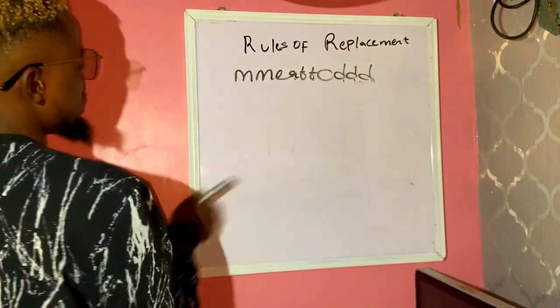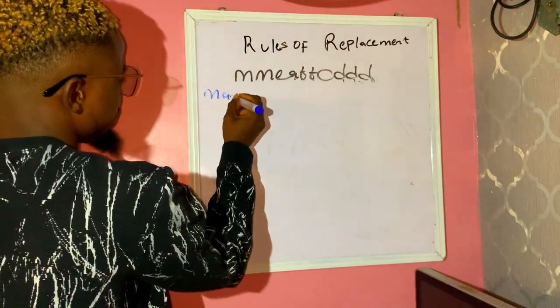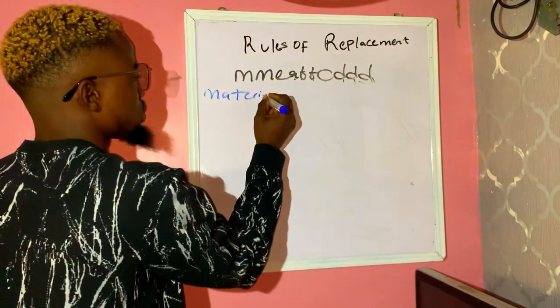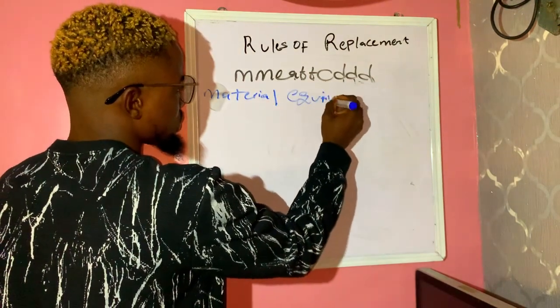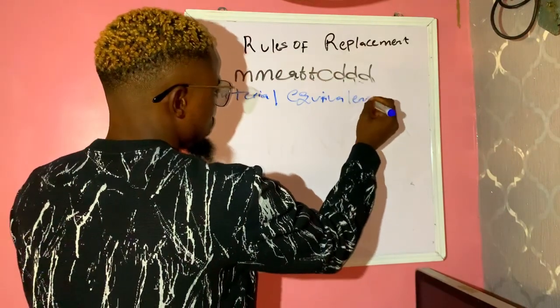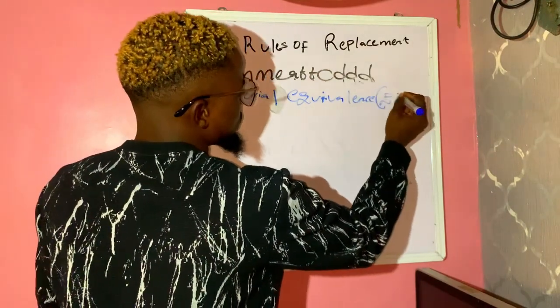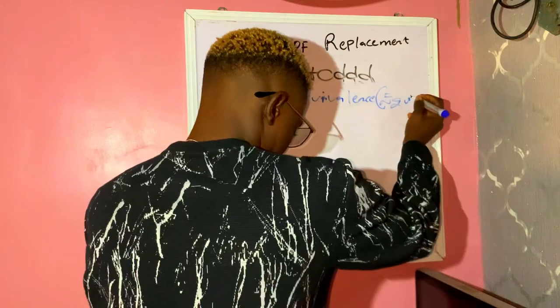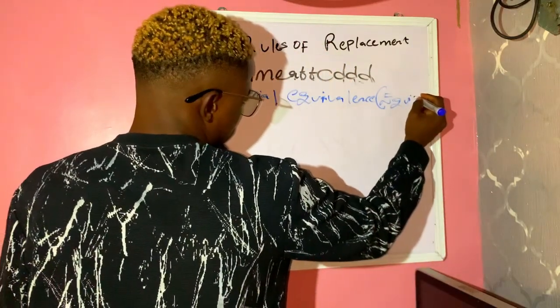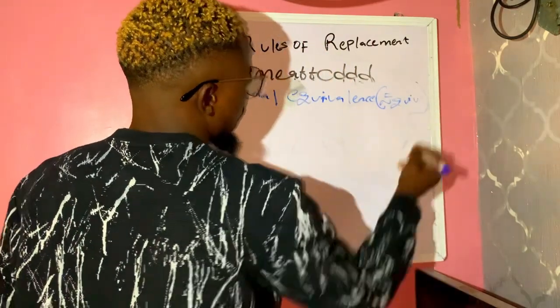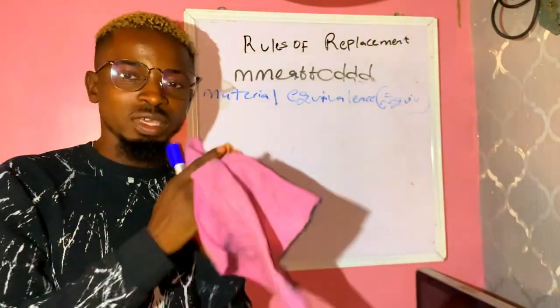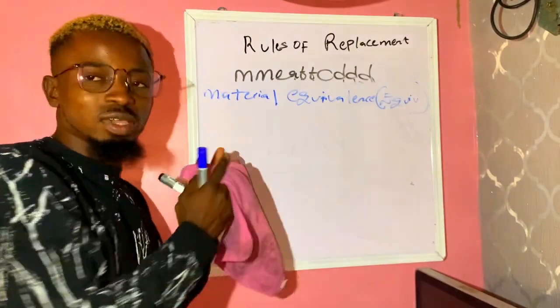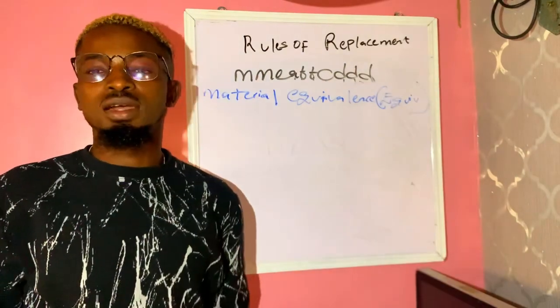So to begin with, the first one, material equivalence. Don't forget that what we are trying to do with the rule of replacement is that if we have a given proposition, then we can replace it with another proposition.